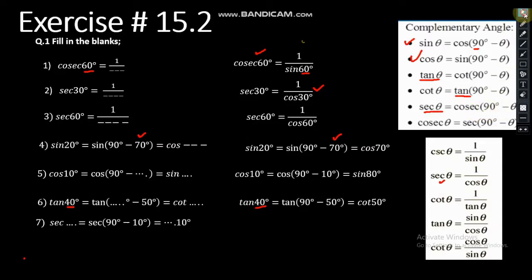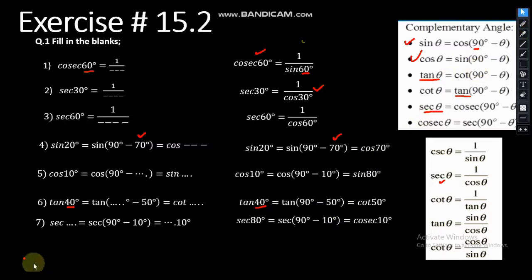When we subtract 10 from 90, it is equal to 80, which is also cosec theta 10.